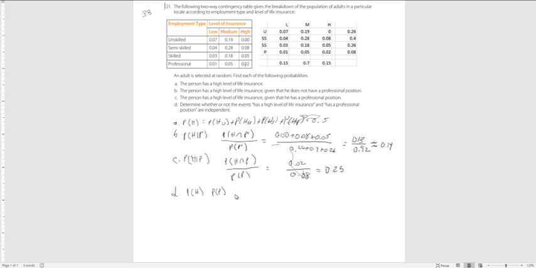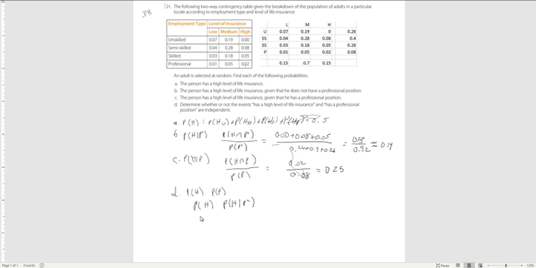If the probability of high insurance is the same as the probability of high insurance given not professional, then they're independent. So if the probability of high insurance is the same whether or not I know anything about them being professional, then if those two are equal, we know that they're independent.